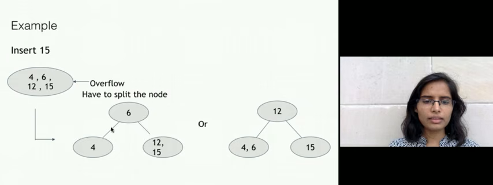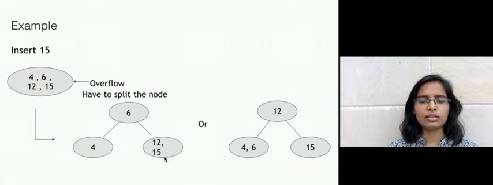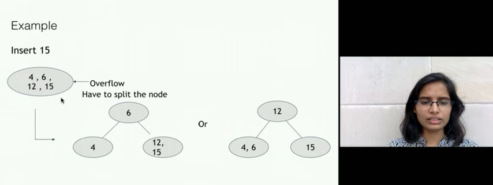Now, as we can see, if we send 6 up, we move 4 to the left subtree and 12 and 15 to the right subtree, so that 4, which is less than 6, lies on the left side, and 12 and 15, which are greater than 6, lie on the right side. But why didn't we move 4 or 15 up? If I had moved 4 up, then all the values 6, 12 and 15 are greater than 4.